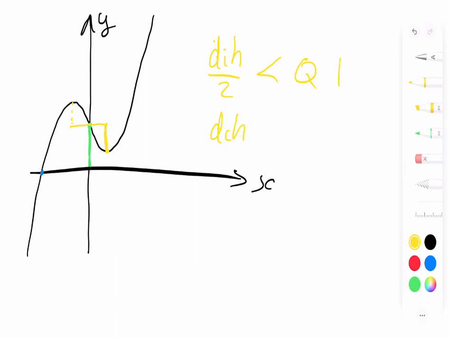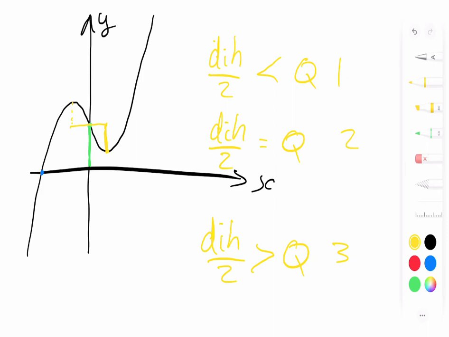If DIH over 2 is equal to q, then there will be 2 real solutions. If DIH over 2 is greater than q, there will be 3 real solutions.